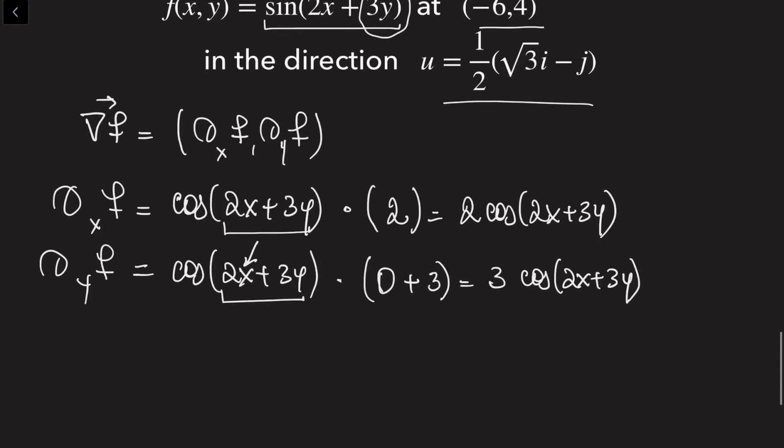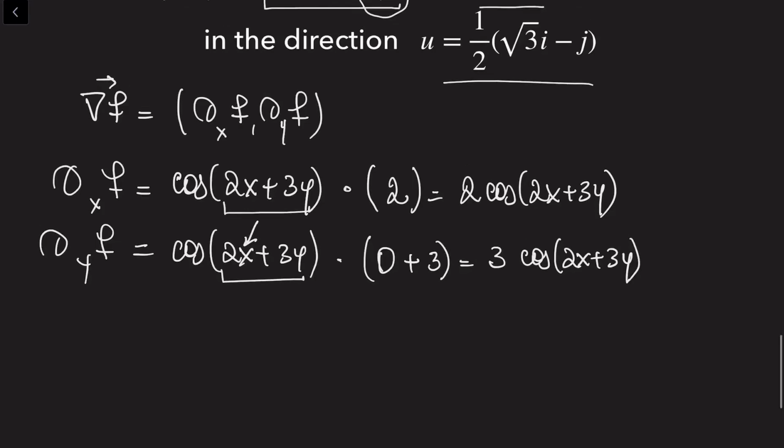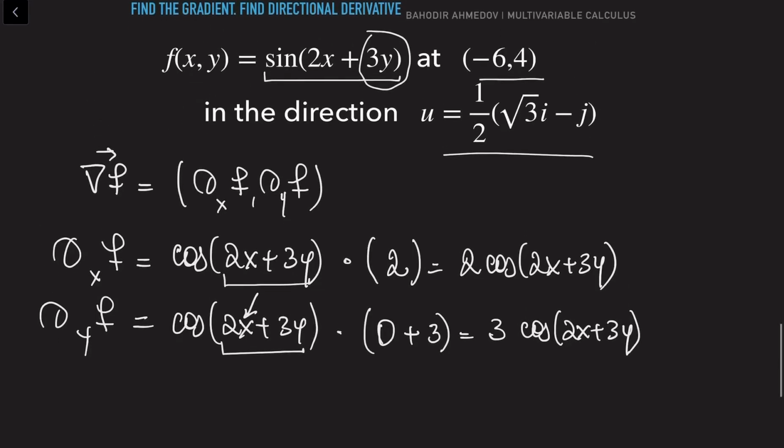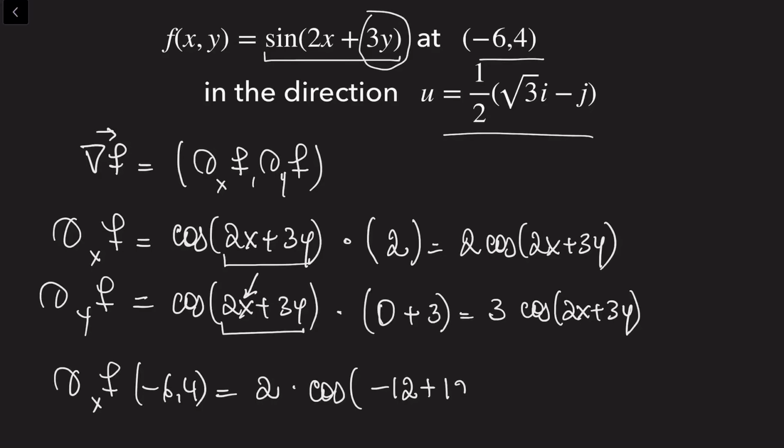Now we need to find the directional derivative. At this point, which is minus 6 and 4, we need to evaluate the gradient. So the partial derivative of f with respect to x at minus 6 and 4 is going to be 2 times cosine of minus 12 plus 12, and since the cosine of 0 is 1, this is simply 2.